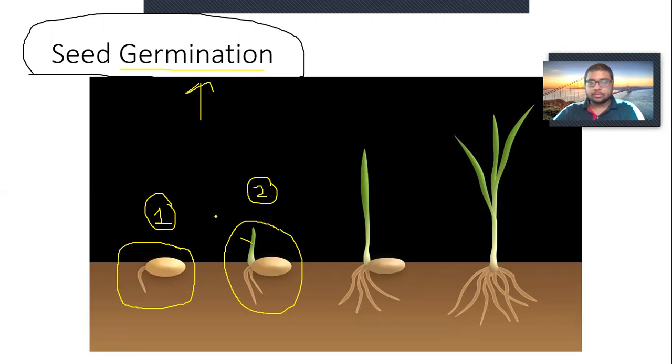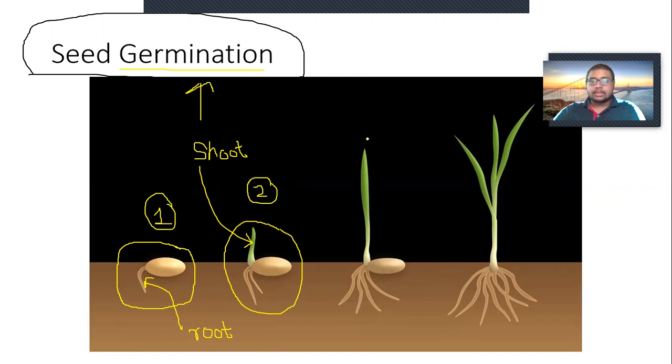What appears? Shoot. This is called a shoot, and this is called a root. So this is a shoot and this is a root. Now, in the second stage of germination, a very small shoot appears and roots grow.